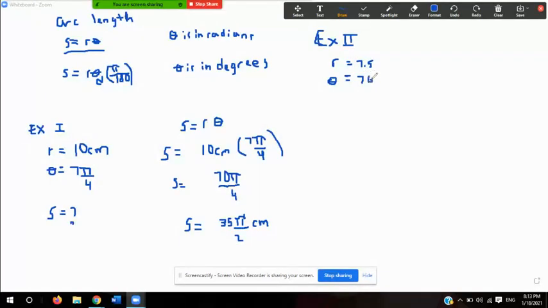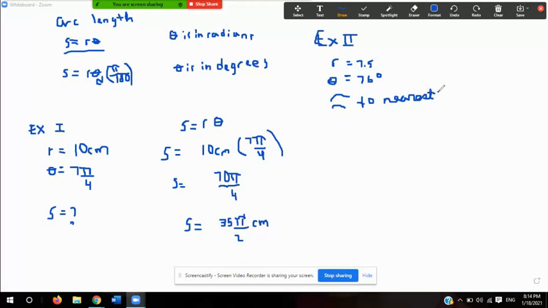And the problem is asking us to approximate the answer to the nearest centimeter. So we know that this is the approximate sign. So approximate to the nearest centimeter.